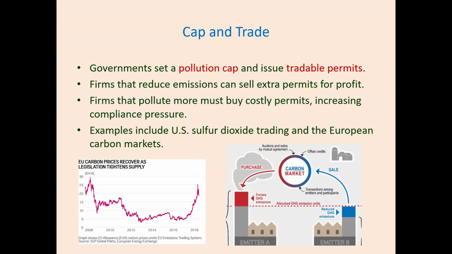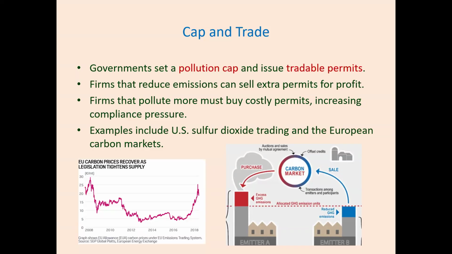However, if they become more efficient, for instance, by filtering some of the smog from their pipes or switching to renewable energy, which creates far less pollution, then they can sell some of those extra permits and make profit. This provides incentive for companies to innovate and constantly become cleaner. Examples of this include the sulfur dioxide trading market in the United States and the European carbon market.